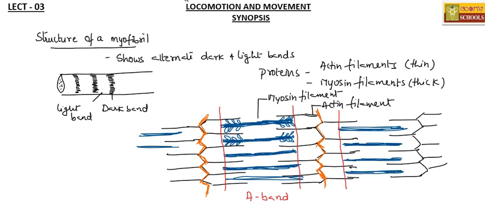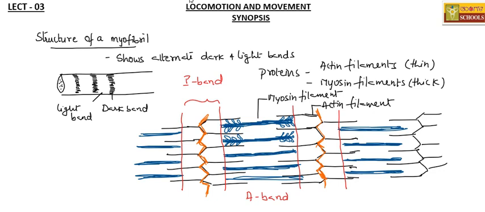Here also I'm drawing, and again here we see that the region where you find only the actin filaments forms the I band. It is this I band that appears light in color due to the presence of only actin filaments.